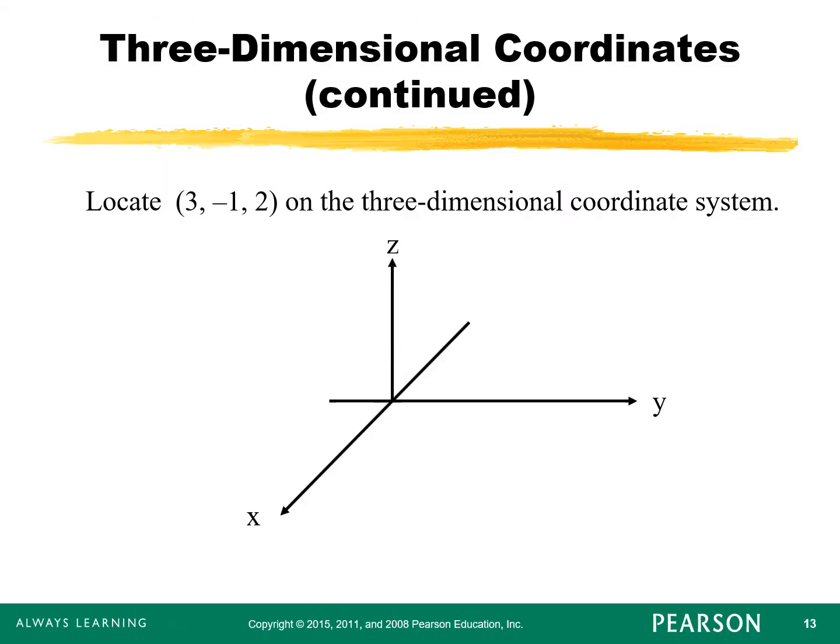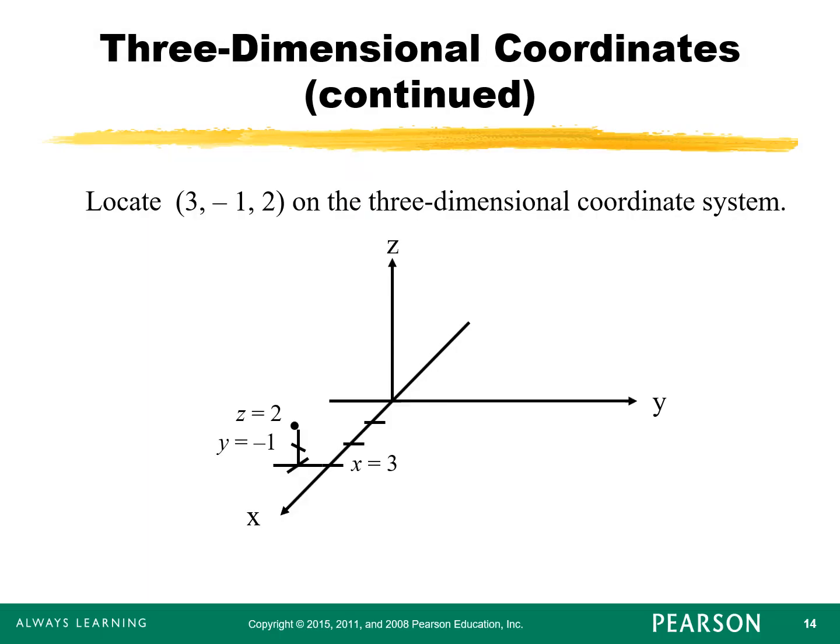So we are going to solve this problem. Locate (3, -1, 2) on the three-dimensional coordinate system. Now we should think in three dimensions. So we are going to draw this coordinate system. We go 1, 2, 3 and draw the x-axis, and then we draw the y and z axes.